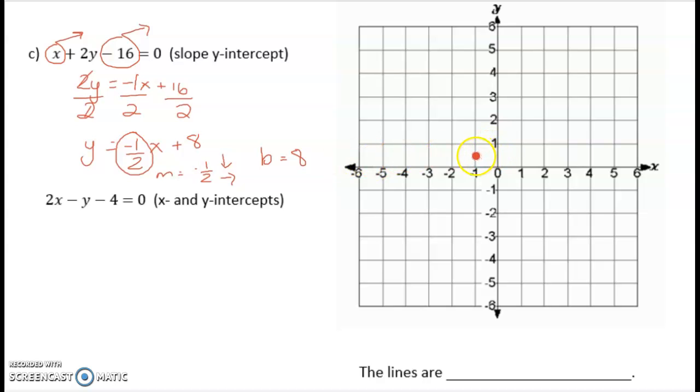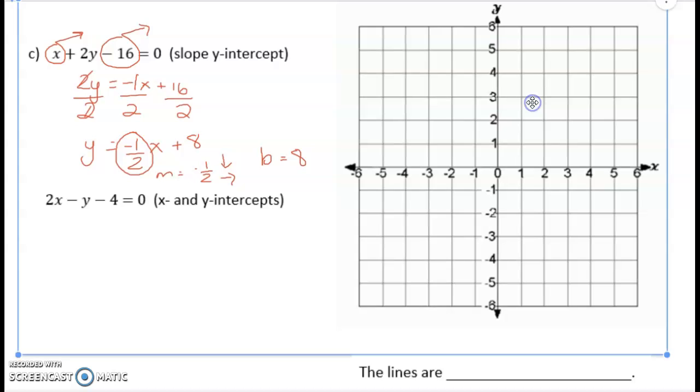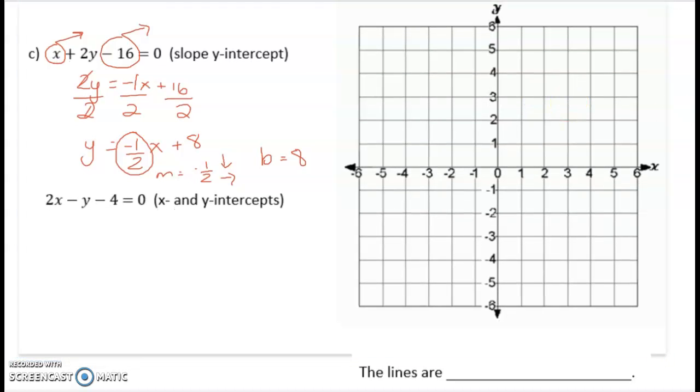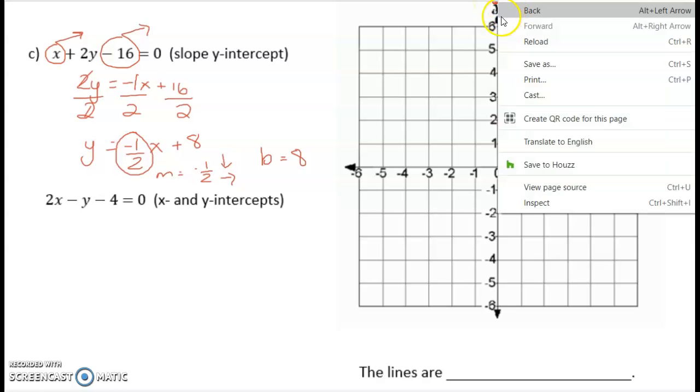Okay, so this graph, we're going to have to, maybe I can move this down a little bit. Let me just try this. It's not going to work. Whatever. Okay. Guys, I apologize. I'm going to try my best. So 8 is going to be way up here.